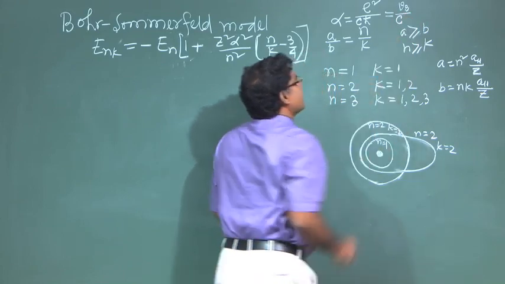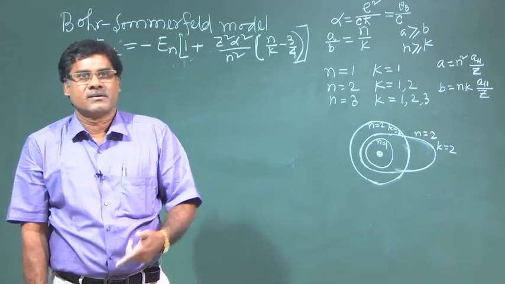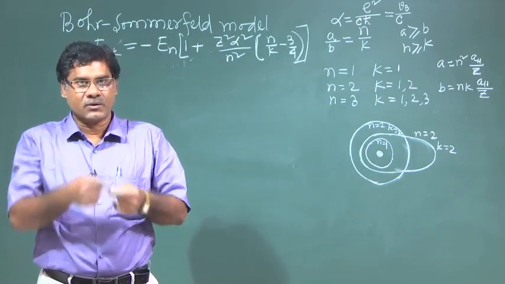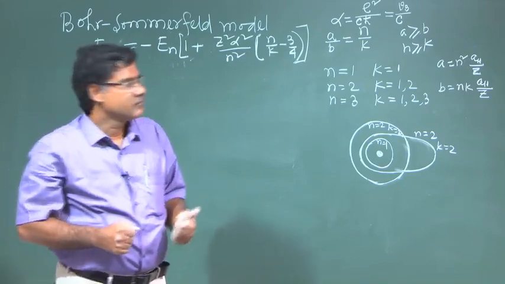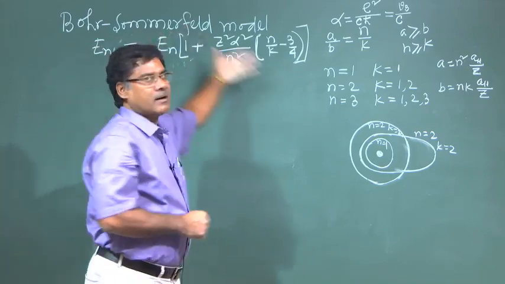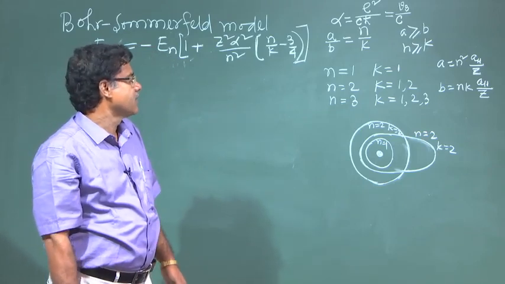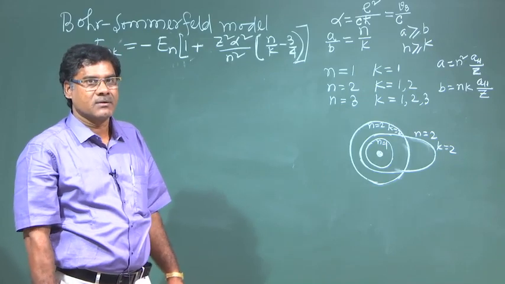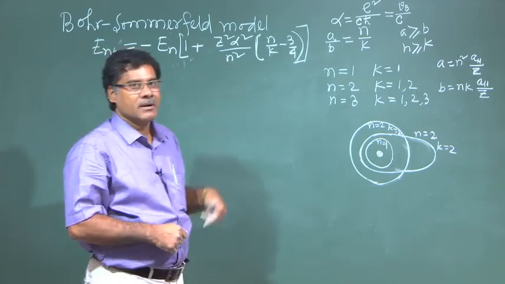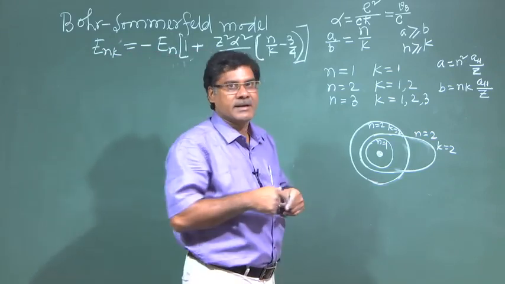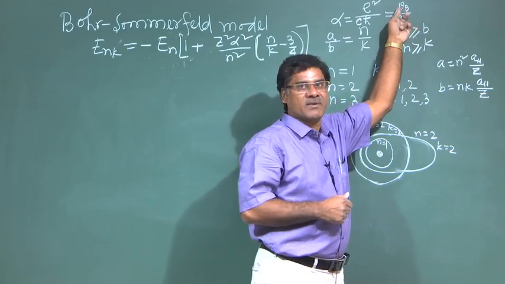What is v_B? v_B is basically the velocity of the electron in the Bohr radius, when it is in n equal to 1 for the original Bohr model. The expression of velocity varies with n, and for n equal to 1, whatever the velocity is, that is the Bohr orbit velocity.